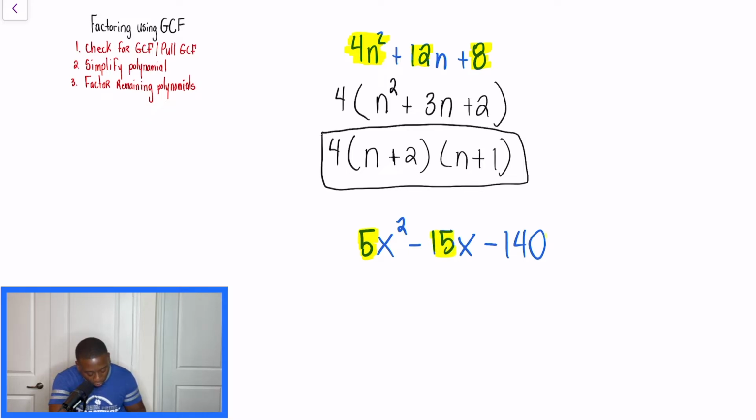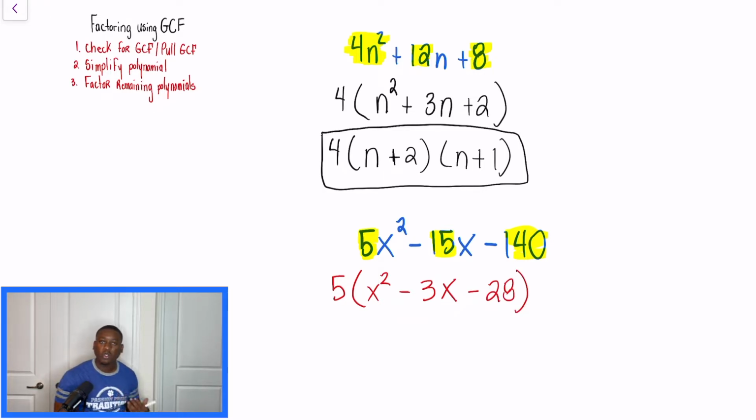So I checked for my greatest common factor, and I realized that I can divide all three of these terms by 5. So we're going to pull out our greatest common factor of 5. And then inside the parentheses, we divide everything by 5. So we have x squared minus 3x minus 28.